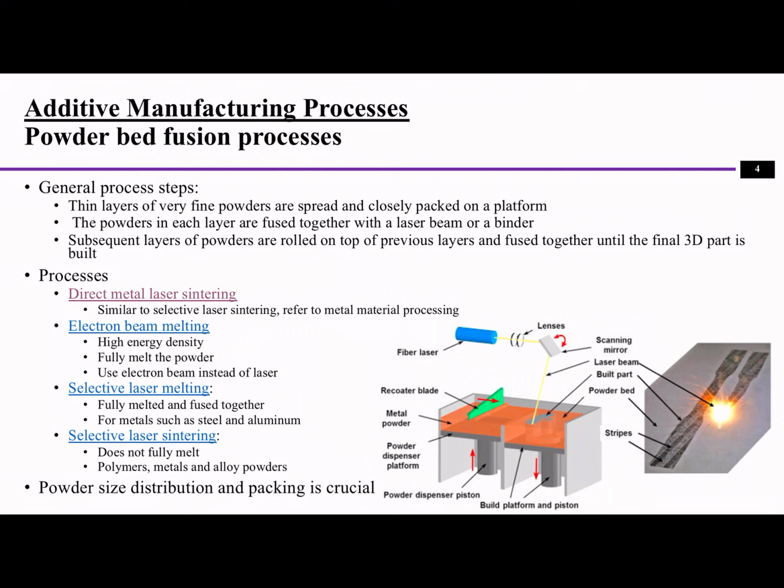Then we put another layer of powder, and do it again, and put another layer and do it again. This is how we create 3D printed parts with powder bed fusion processes.